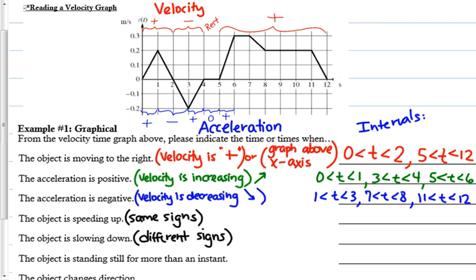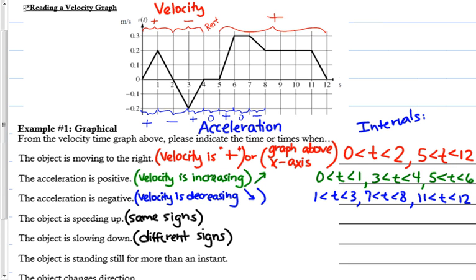From 6 to 7, I see that my velocity has become constant again, and therefore the acceleration is going to be 0. From 7 to 8, this is really tedious, isn't it? From 7 to 8, it's decreasing, so acceleration is negative.